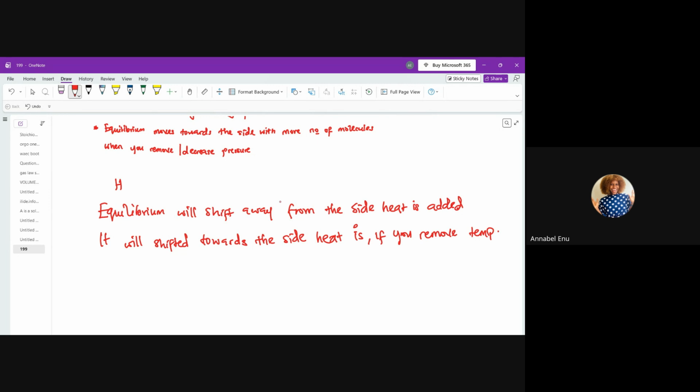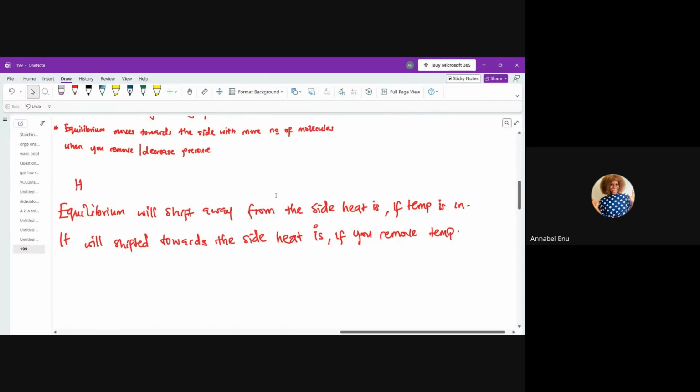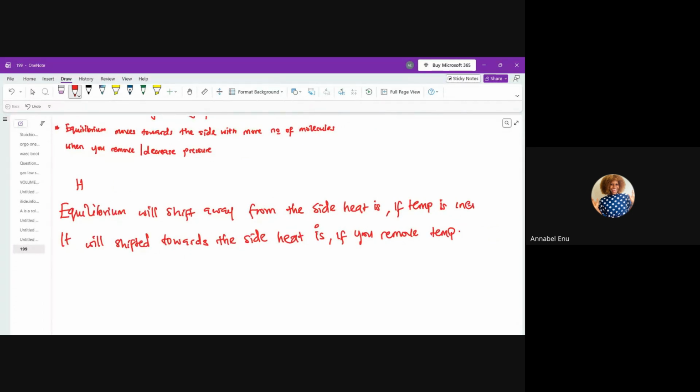Equilibrium will shift away from the side it is if temperature is increased. Okay, this is a better way to say it: if temperature is increased, it will move towards the side it is if you remove temperature.